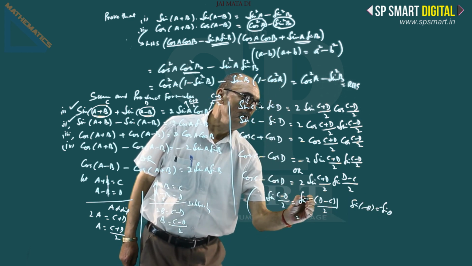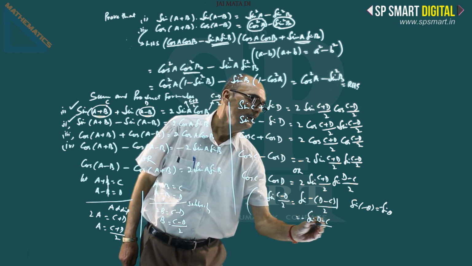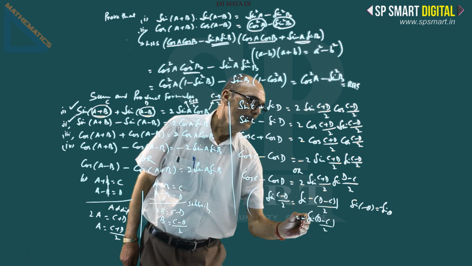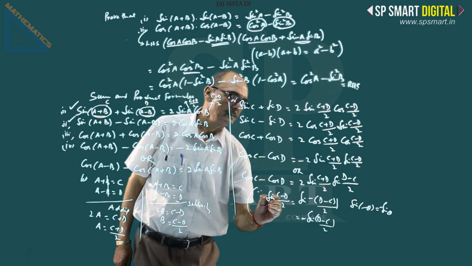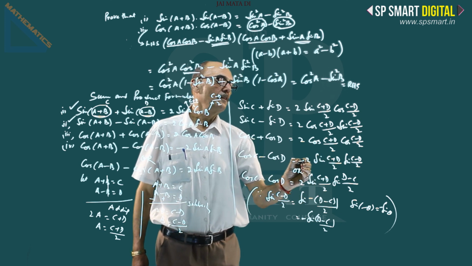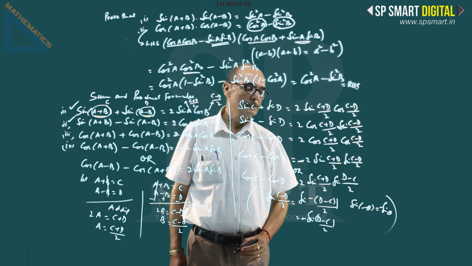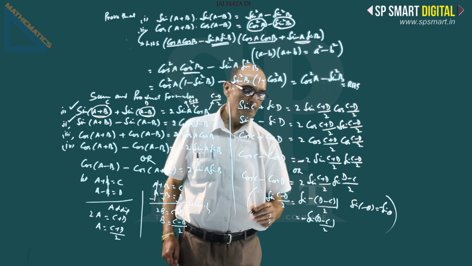So, this minus will come out as minus sin((D minus C) by 2). Because of this minus, this sign will go and it becomes this. So, D first, then C. That's all.